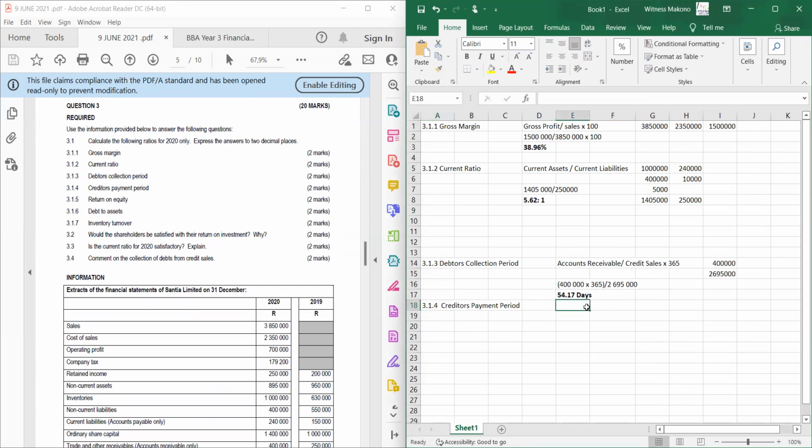I want to change this one and say multiply by 365 there so that people don't take it wrongly. This one will be accounts payable divided by credit purchases. Let me say times 365, divided by credit purchases.